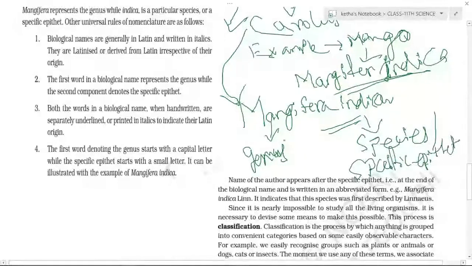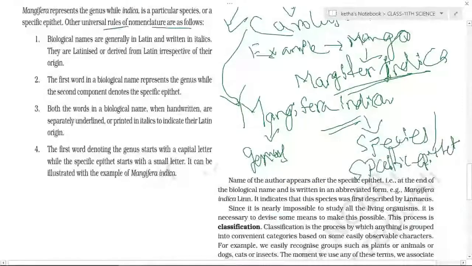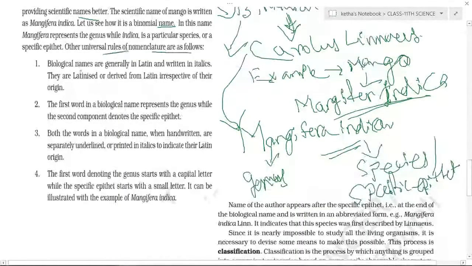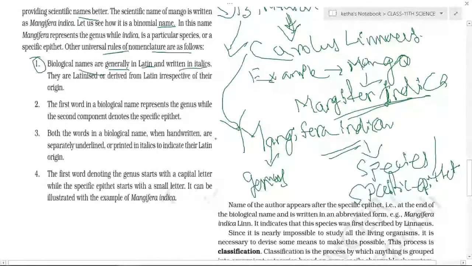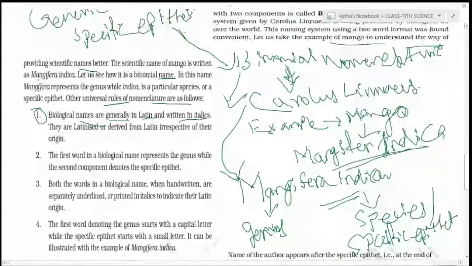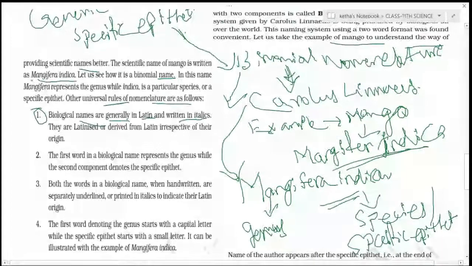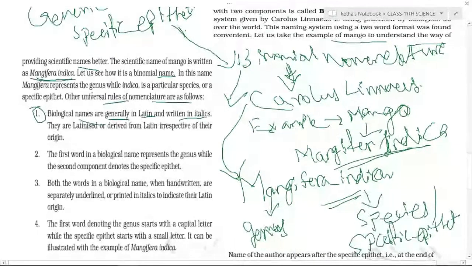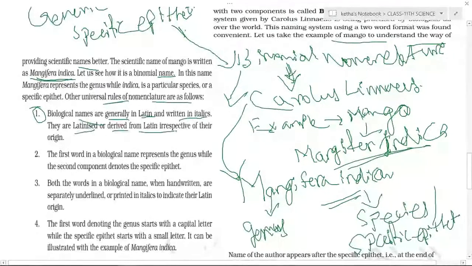Other universal rules of nomenclature are as follows. First, binomial names are generally in Latin and written in italics. They are Latinized or derived from Latin irrespective of their origin.